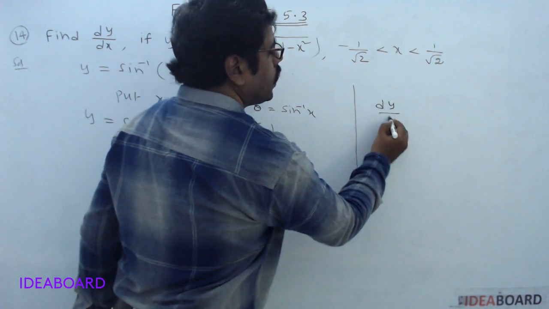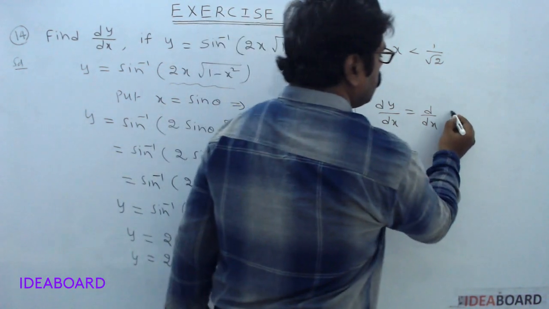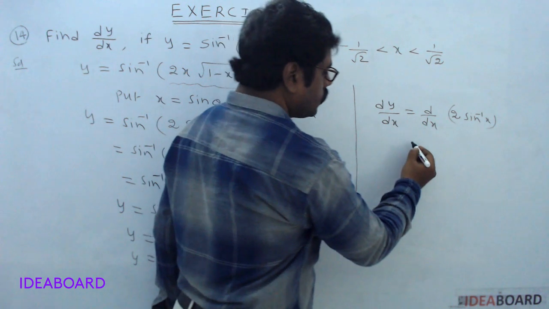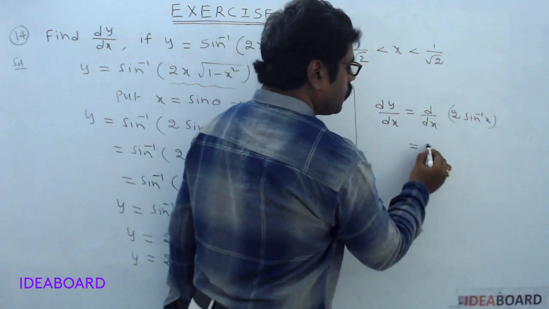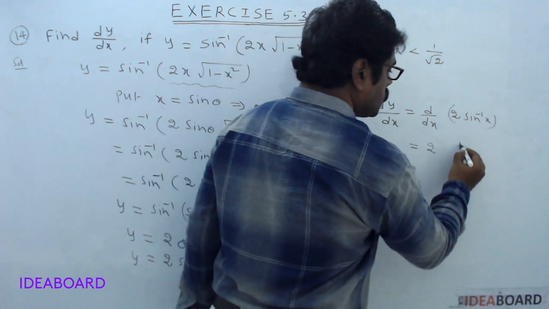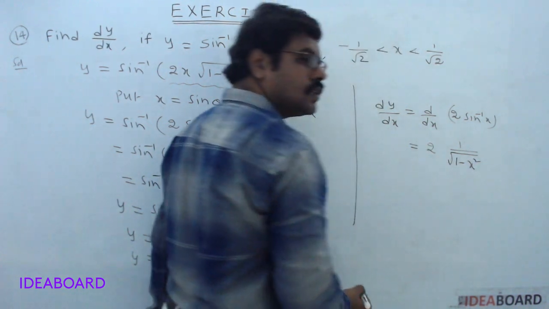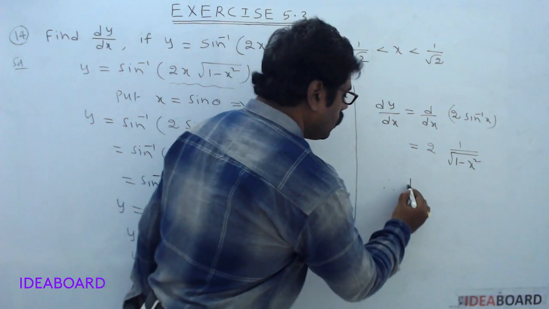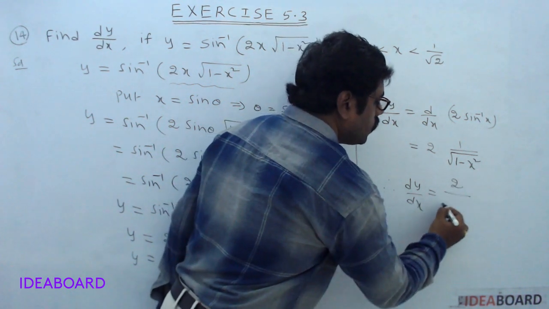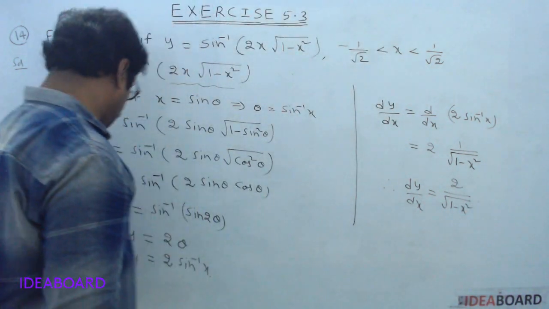That is dy by dx equals derivative of 2 sine inverse x. Now this equals 2 into derivative of sine inverse x. Derivative of sine inverse of x is 1 divided by root of 1 minus x square. So therefore dy by dx equals 2 divided by root of 1 minus x square.